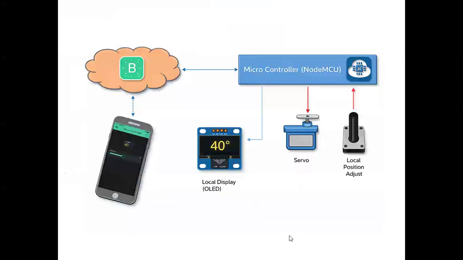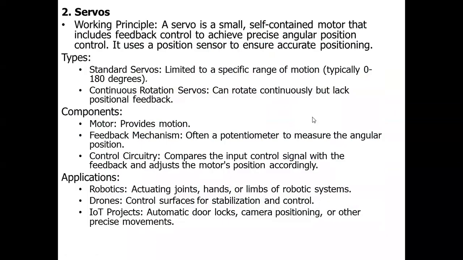Servos. If you see here, this is a servo. The direction of that particular module will be changed based upon the input. A servo is a small self-contained motor, which includes feedback control to achieve precise angular positions.